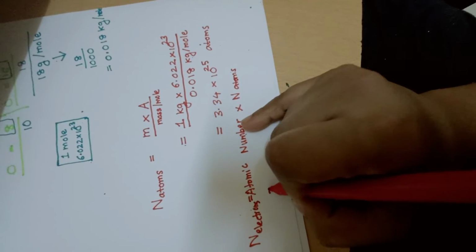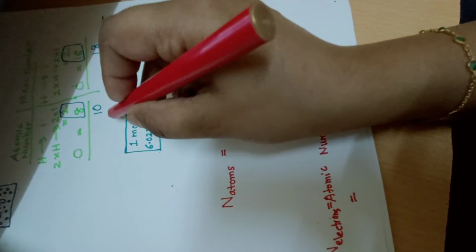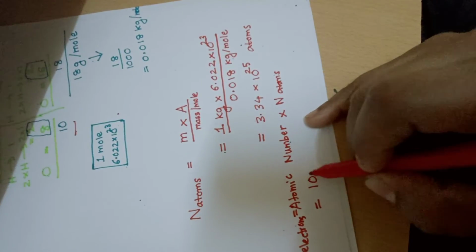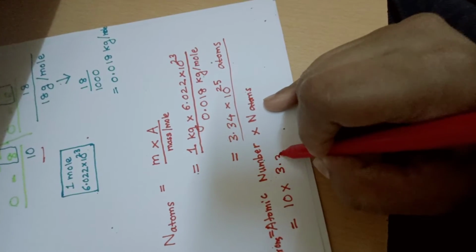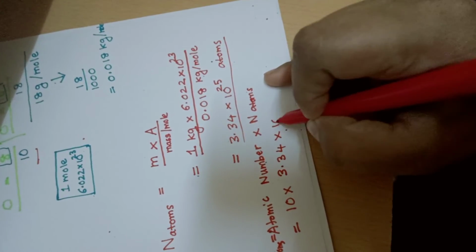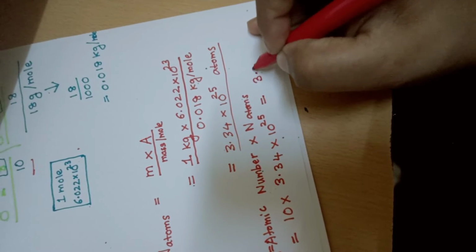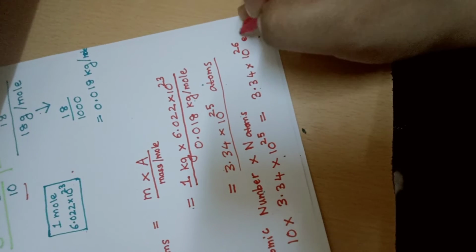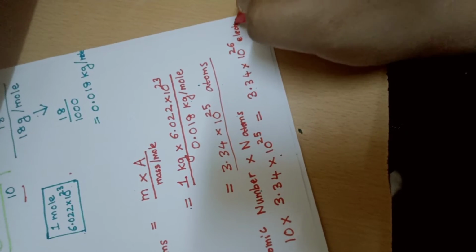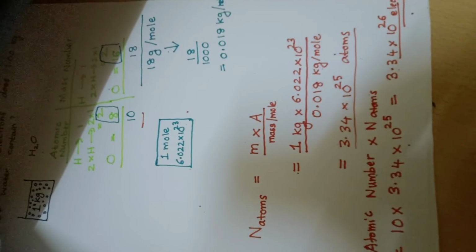Atomic number is 10, 10 times total number of atoms, 3.34 times 10 to the power 25. So the answer will be 3.34 times 10 to the power 26 electrons. So this is how we do this question.